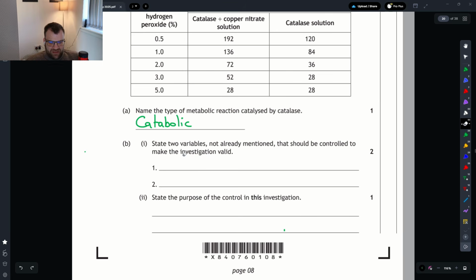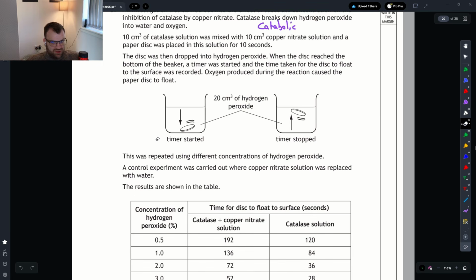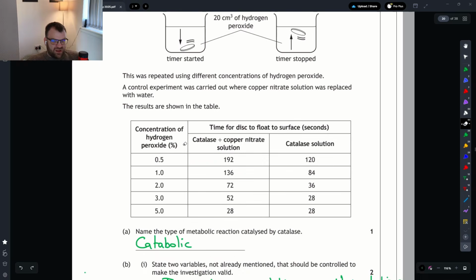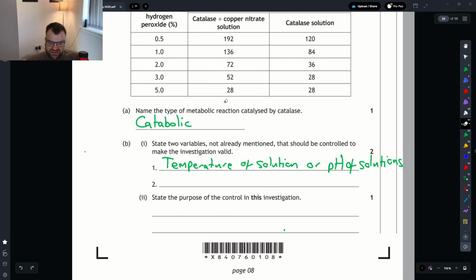Variables that are not already mentioned to be controlled. That would be things like temperature, which is not mentioned. So temperature of the solutions. pH of the solutions as well would be another thing. They tell us the enzyme catalase and the inhibitor, copper nitrate, but they don't tell us the concentrations of those things.